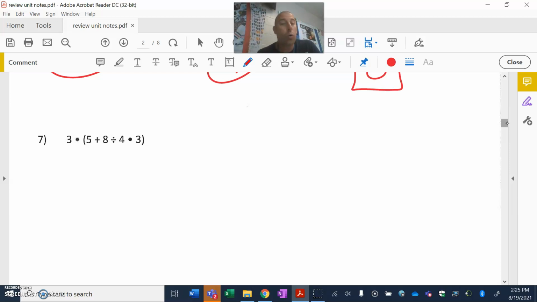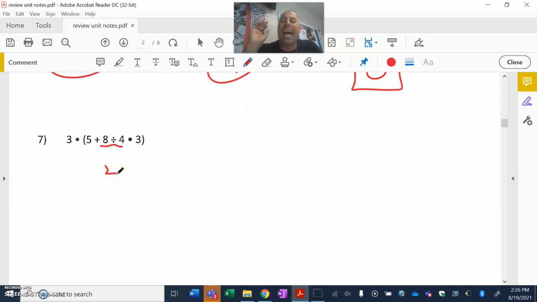Now, who showed up first, though? Did the multiplication show up first, or did the division show up first? Well, when I go from left to right, the division showed up first. Oh, you're seeing it now. So we're going to underline that. I'm going to do the division problem. 8 divided by 4 is 2.